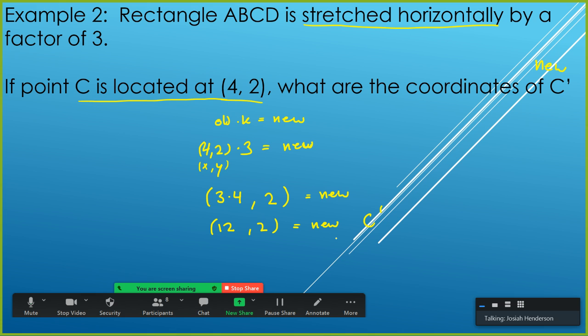And that's that. So we have to pay attention. Are they asking us for a horizontal or a vertical? Or if they just say a dilation, then that's going to apply the times k to both x and y.